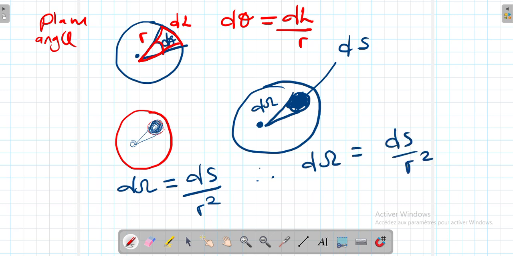That's all. Just as d theta is equal to dl over r. This is the solid angle, an angle in 3D. Are we there?